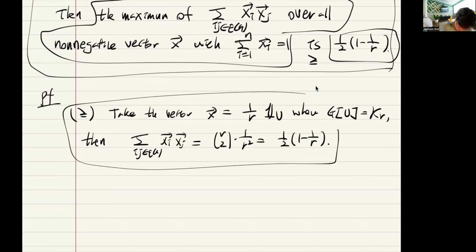So you present one choice, and the left-hand side is a maximum, so you get this inequality.